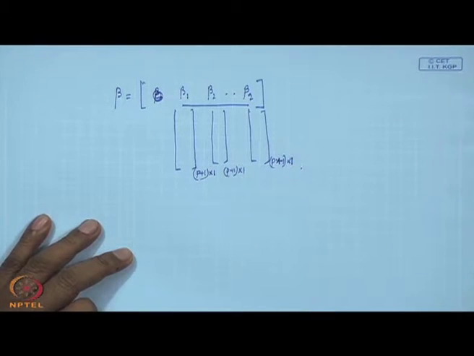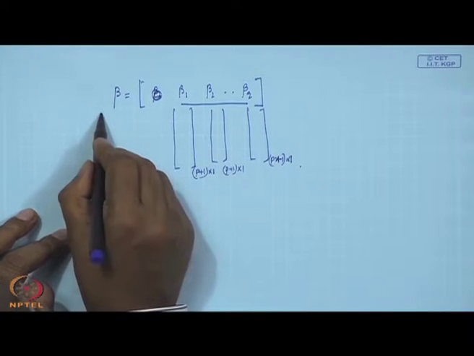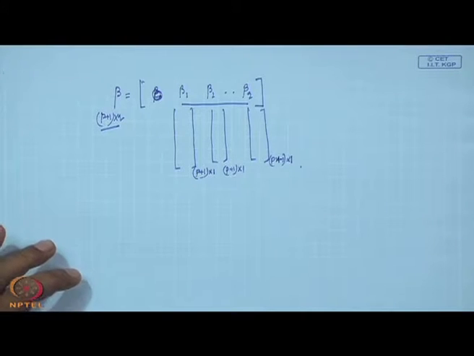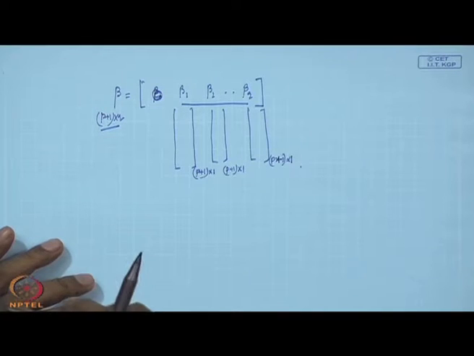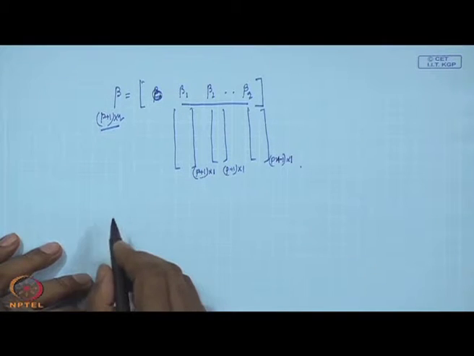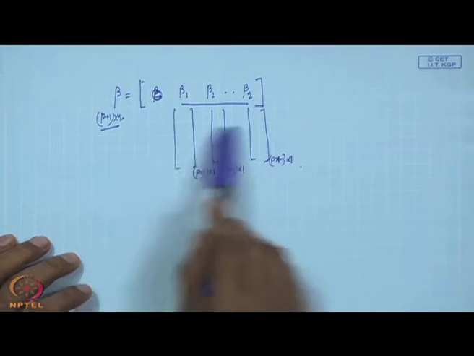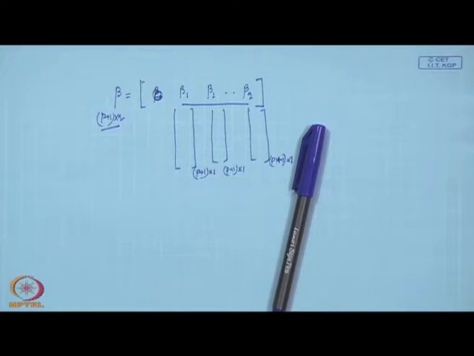Okay. So, that is why it is p plus 1 cross q. Fine. Now, what I will do here, I will say that some of the independent variables are not contributing.